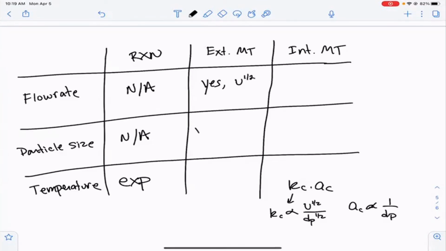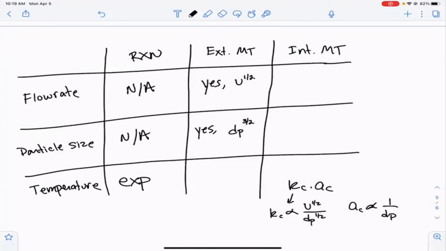We also know that we're absolutely influenced by the particle size, and that is by the diameter of the particle to the 3/2, right? Because 1/2 times 1 over the diameter of the particle is 1 over the diameter of the particle to the 3/2.